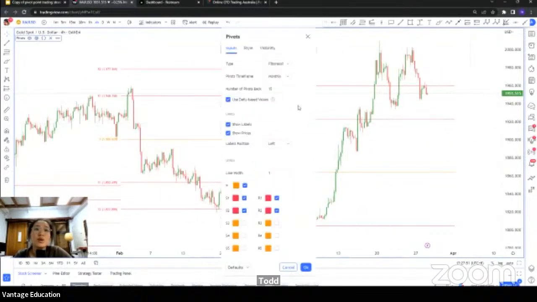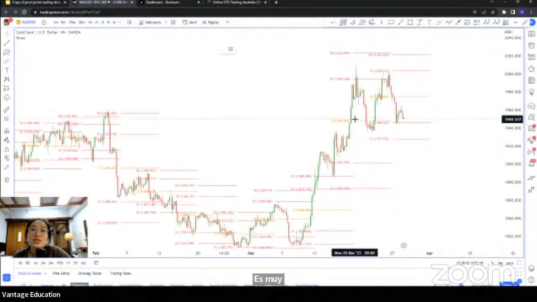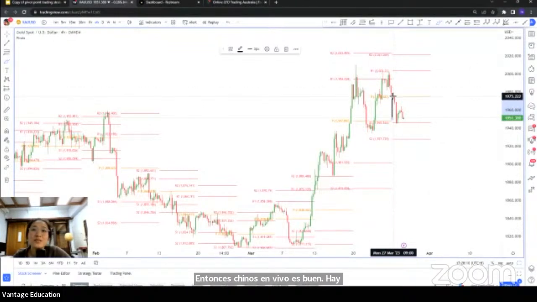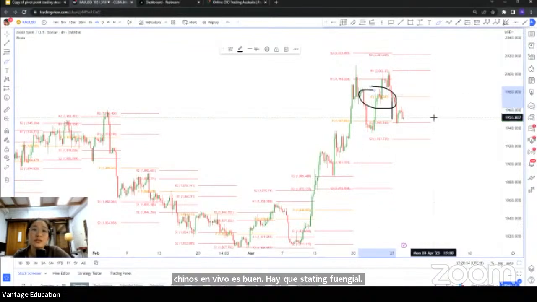So that's the reason why we choose weekly. So you can see here, this change in pivot is when the market opens, and that's our starting point for the day at the new pivot point.